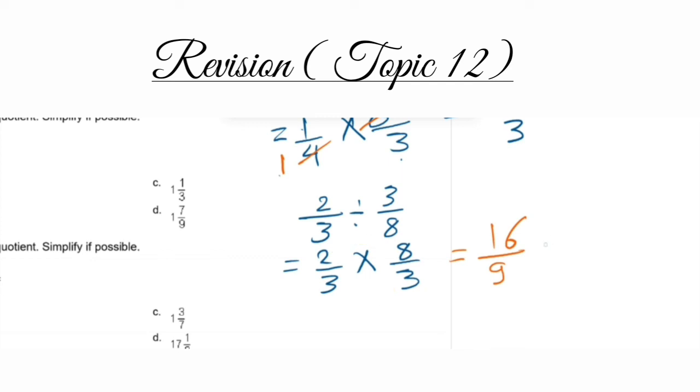Now let's write this improper fraction as a mixed number. For 16 over 9, the whole number is 1. We have the denominator 9 as it is. And the whole number is 1 because 16 divided by 9 is 1.